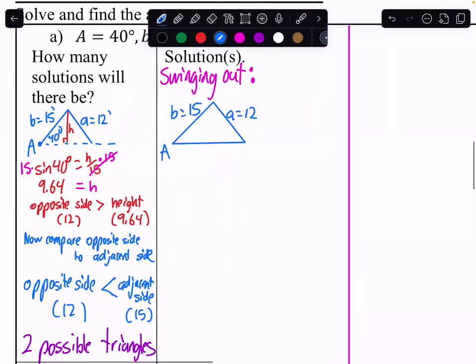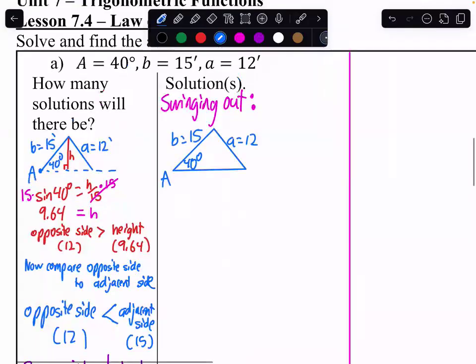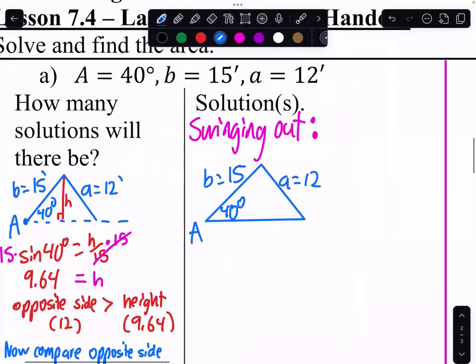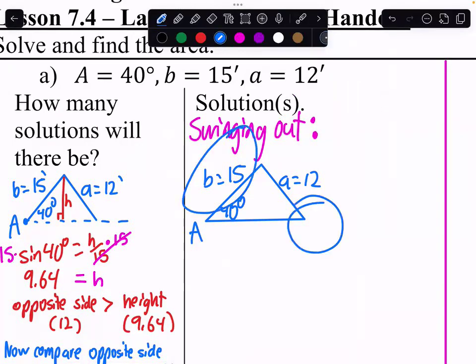This is the given information. We're given angle capital A, side length lowercase a, and side length lowercase b. If this side is called lowercase b, the opposite angle has to be uppercase B. I'm going to pretty much always use A, B, C, so the third letter will be whatever's missing. This one up here is capital C, and this one down here will be lowercase c.